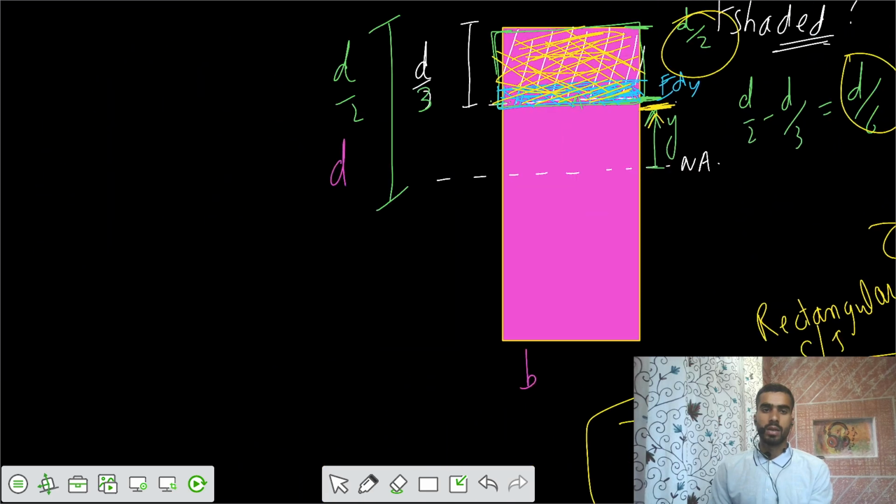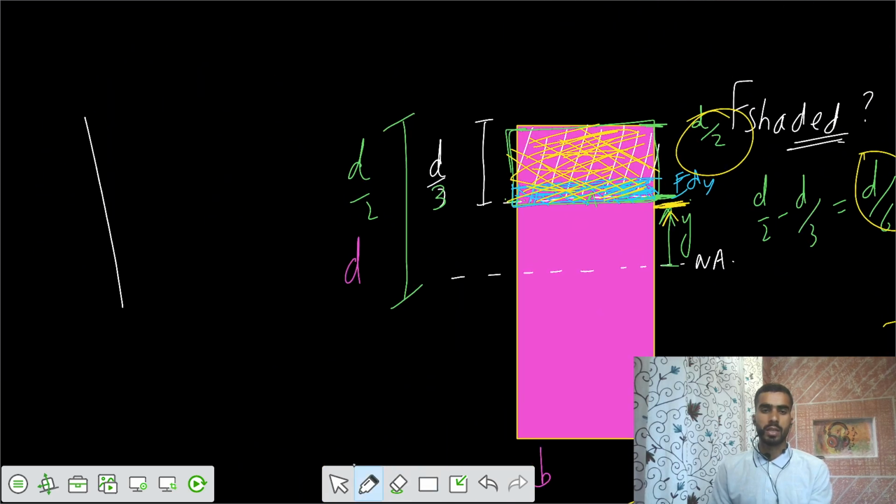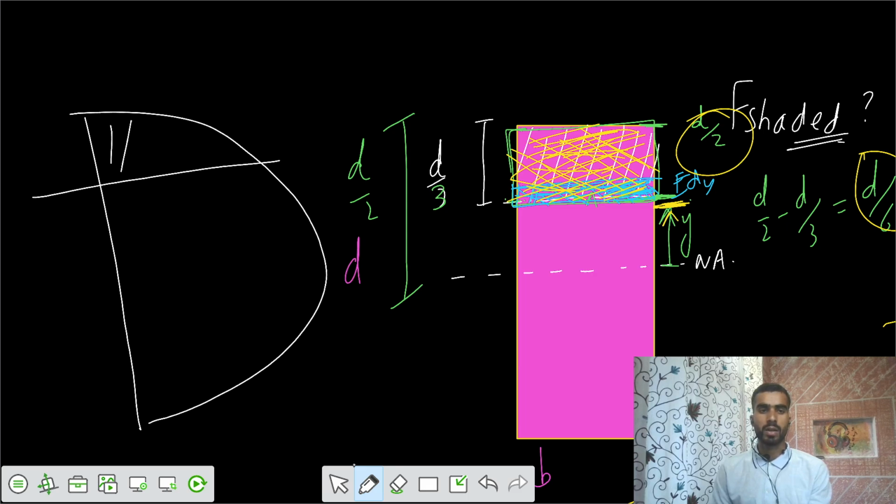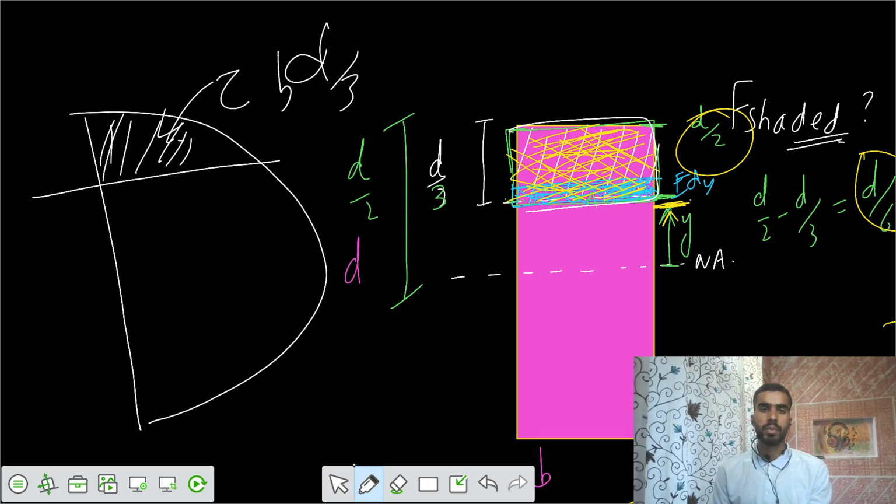We know that the shear stress variation is in this form. So this part has this shear stress variation tau, and this area is bd by 3.